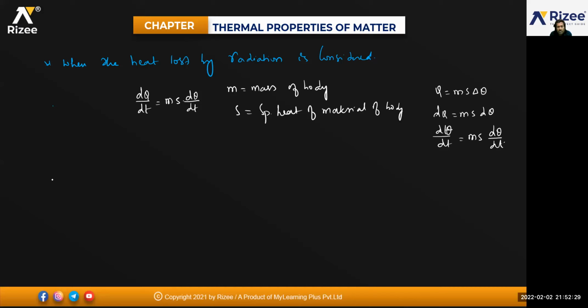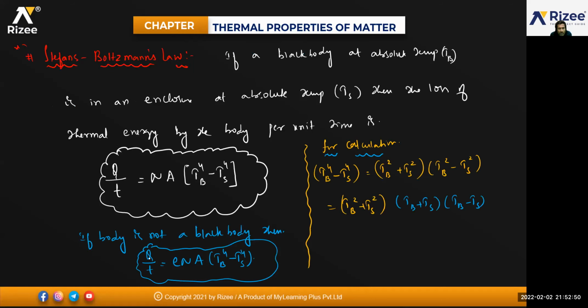So using Stefan-Boltzmann's law, now I can write, dQ by dt we already got. We know that emission is directly proportional to this. So I can write here, see this formula in the back side, dQ by dt is equal to E into sigma into A TB to the power of 4. That will be equal to ms into d theta by dt.